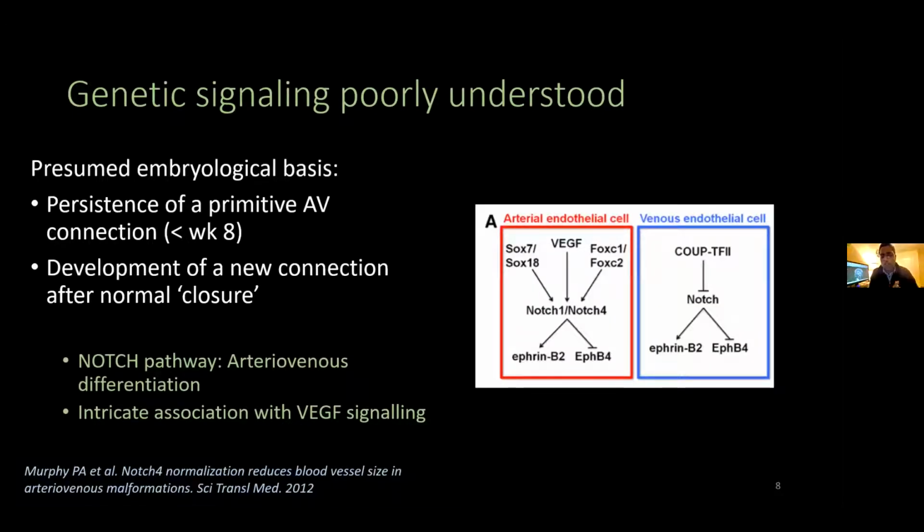The Notch pathway is being given a lot of importance in this. So depending on the signaling of the Notch pathway, if you have an uptake of ephrin B2, the endothelial cells differentiate along the arterial side. And if ephrin B2 is suppressed and ephrin B4 is upregulated, then you have the endothelial cells differentiating as venous cells.